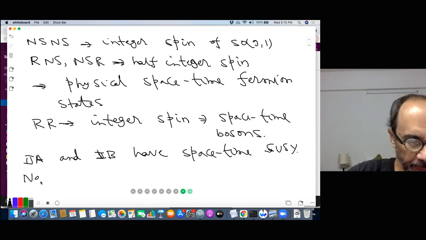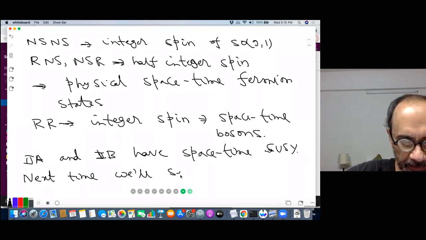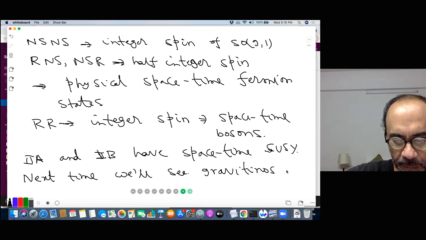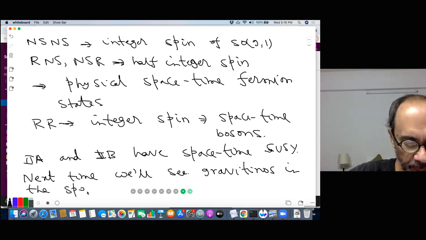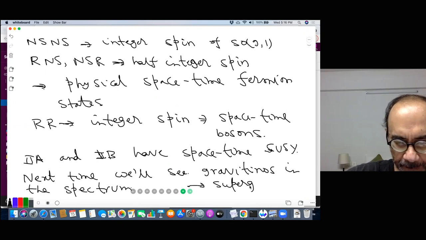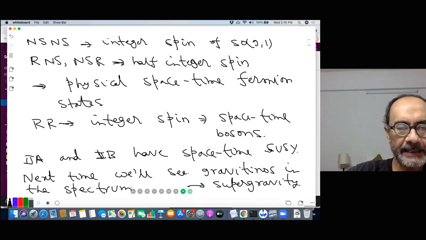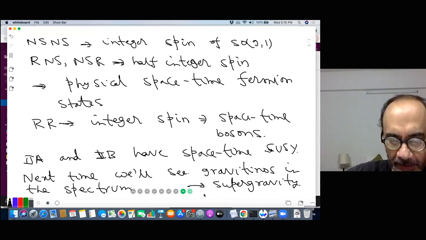Next time we'll see gravitinos in the spectrum, massless spin 3/2 states. And this basically makes them into supergravity. We will also see that there are two sets of gravitinos, one from the RNS sector, one from the NSR sector. So these are really N equal to 2 supergravity in d equal to 10.